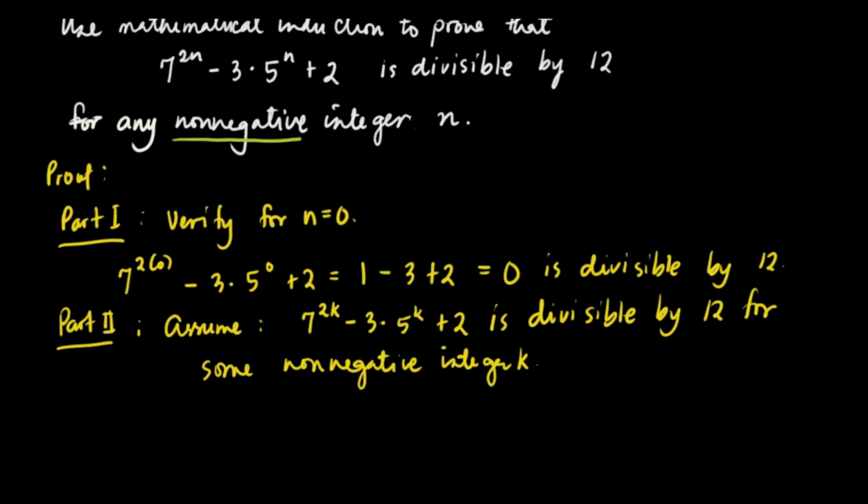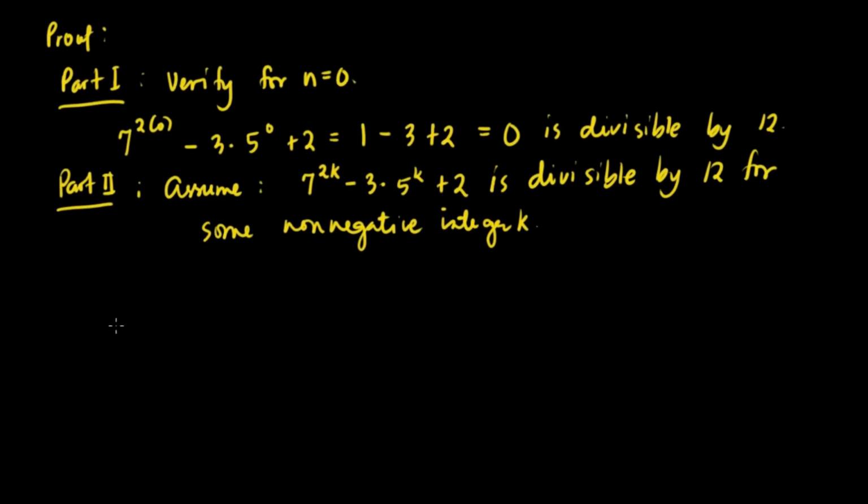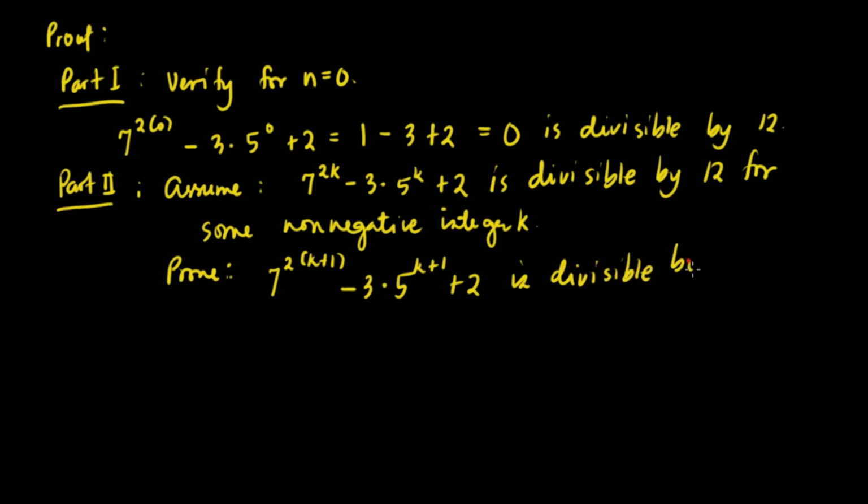And then we would like to prove that, upon assuming that's true for k, it's also true for k plus 1. So we have 7 raised to 2 times k plus 1. Pinalitan ko yung k, ginawa ko siyang k plus 1 minus 3 times 5 raised to k plus 1 plus 2 is also divisible by 12.